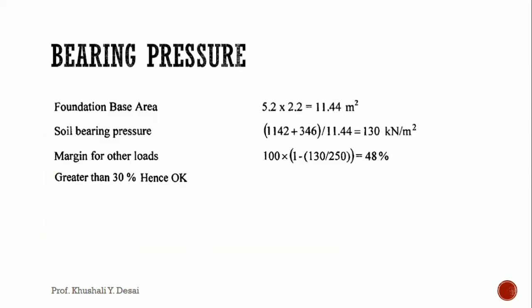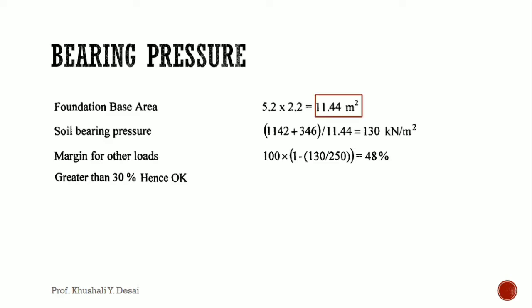Bearing pressure check. Here the check was that the margin for other load should be greater than 30%. To check this, we require the foundation base area, which is the width into length, 5.2 into 2.2, which comes out to be 11.44 meters square.